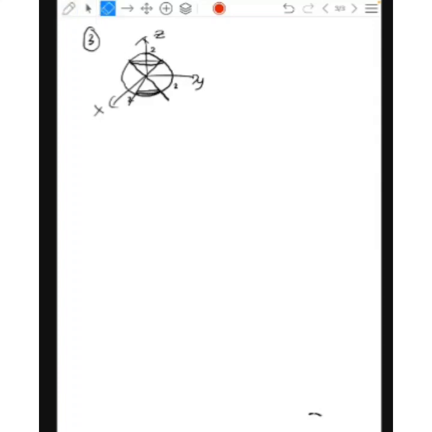Okay, where is the volume that the question wants us to find? Inside the sphere is inside this bulatan lah kan. But then outside the cone, so the cone will be this one lah, infinitely.